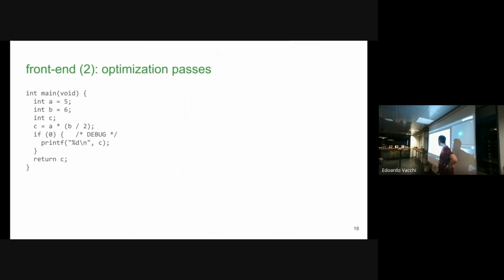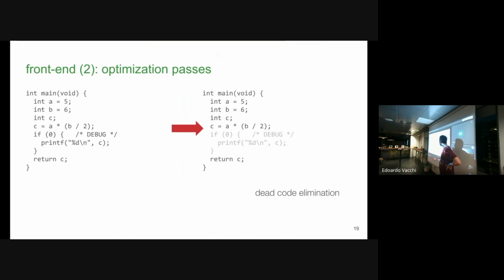First you could have passes like dead code elimination. In this case, you know statically that since the debug constant evaluates to 0, the entire block can be eliminated. When it gets translated into the control flow graph, we are eliminating edges and this node because it's irrelevant.